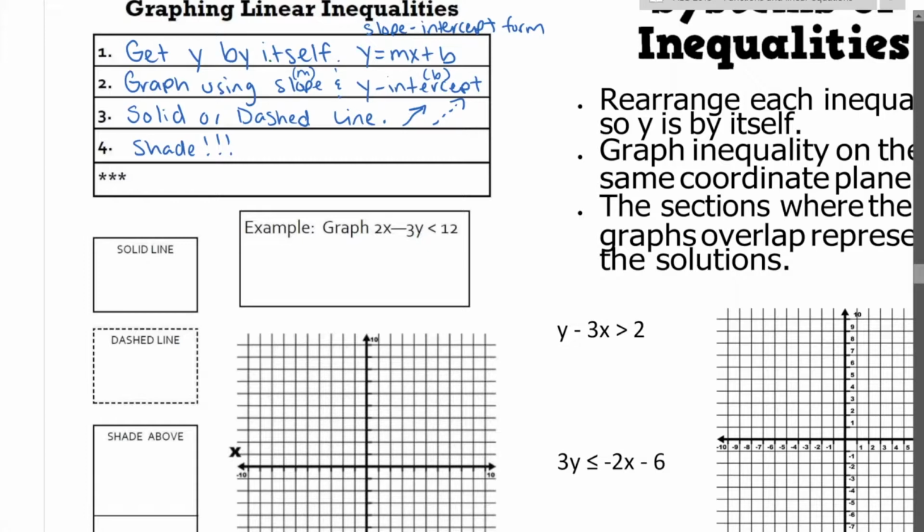The most important part about this is the overlapped area is the solution. It'll make sense at the end. Any part that is overlapped is the answer to the solution to my system.